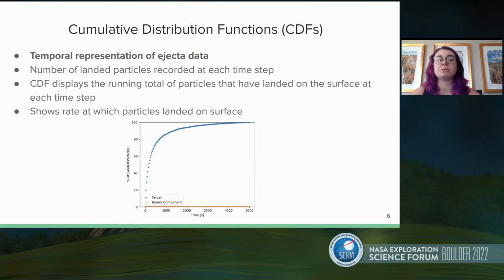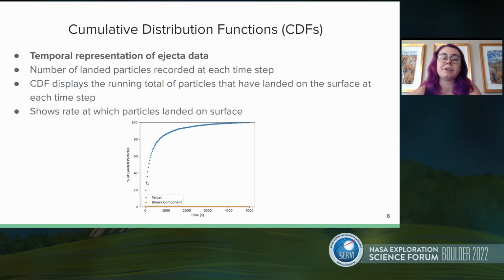This is our temporal representation of the ejecta data. Essentially, here we calculate a running total of the number of particles that have landed on the surface at each time step. Here's an example of one of our plots, and essentially we show the percentage of the landed particles.